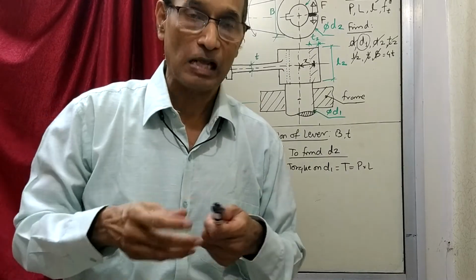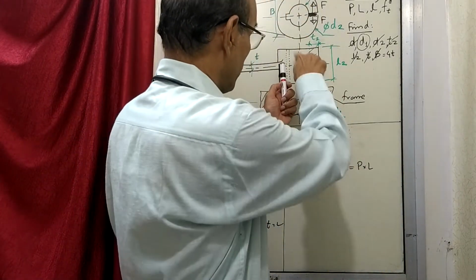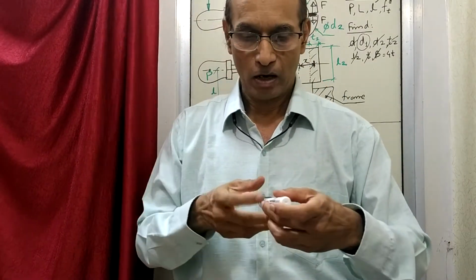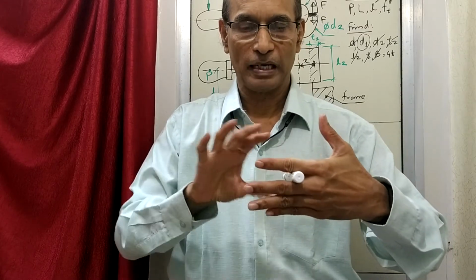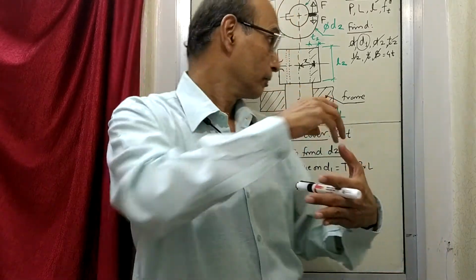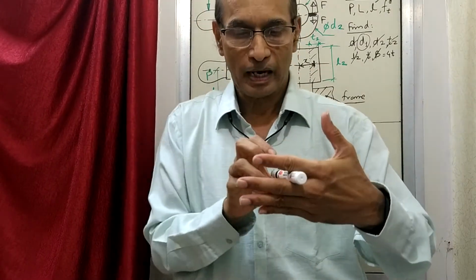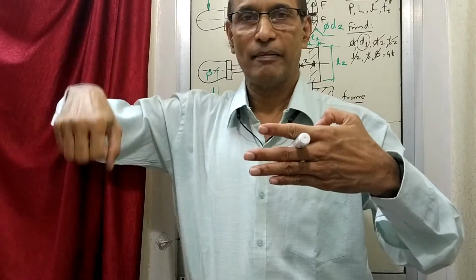Now see, I'll just show you again here. This diameter, I'm showing like this, then there's a lever. Let's say D1 is here, supported like this, there's a support, in the support there's a diameter D1, and after that there's a smaller diameter D. Here there's a lever, and then I'm applying a force here.